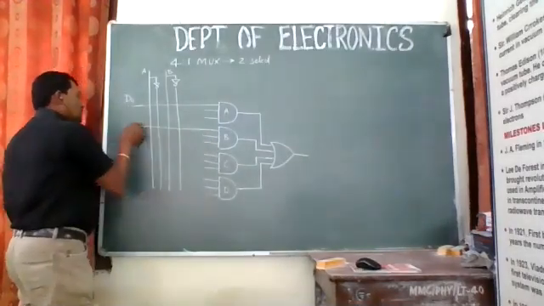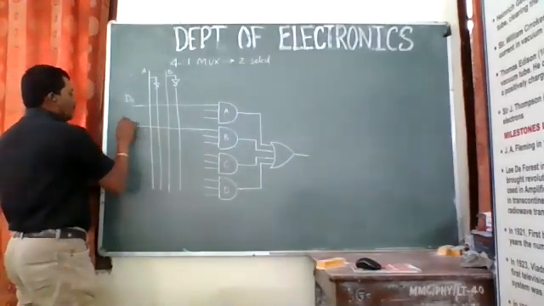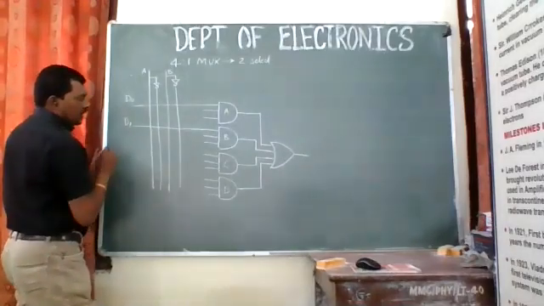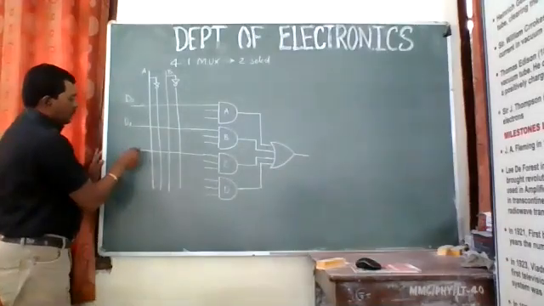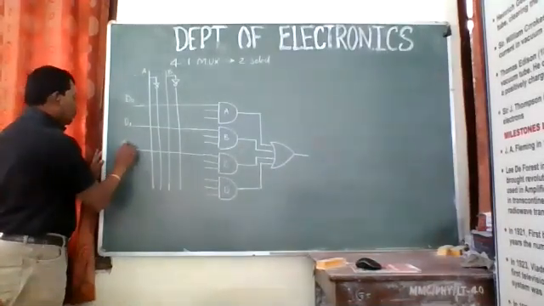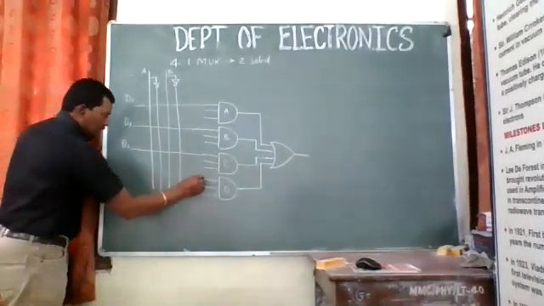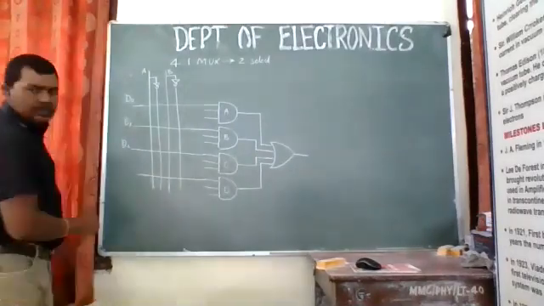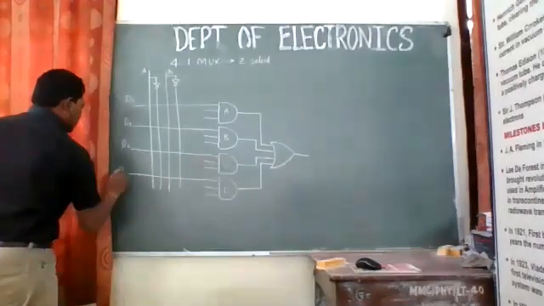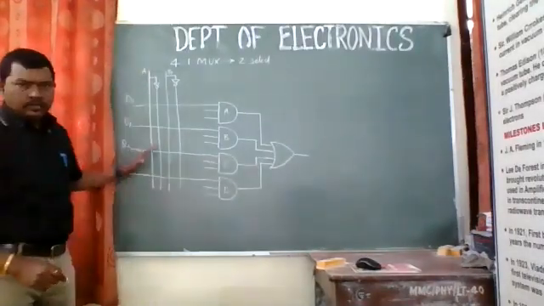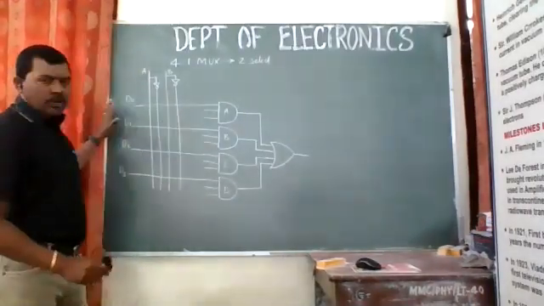The second one is D1. So they are starting with 0, right? So remember this. Then D2 and the last one, D3. I guess they are visible. So they are not connected now. They are just drawn like this.